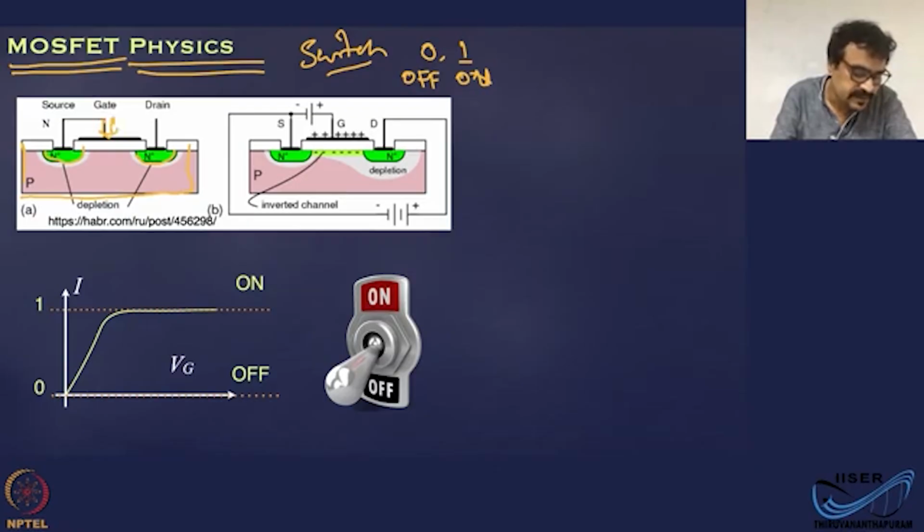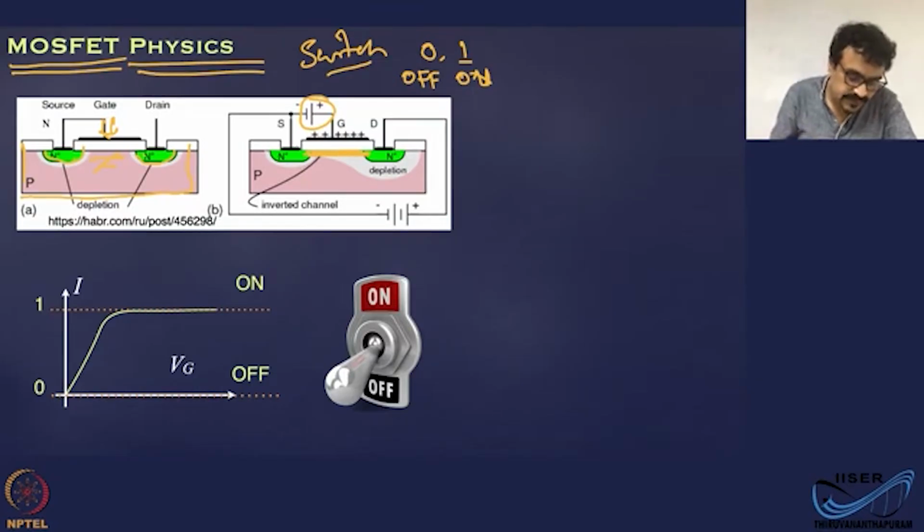With the application of an electric field on the gate, I can create a layer of conducting region here. Normally, if you don't have the gate voltage, then these two regions are not connected and there is no current flowing through. But the moment you apply gate voltage, a channel is developed and you have current flowing through it.